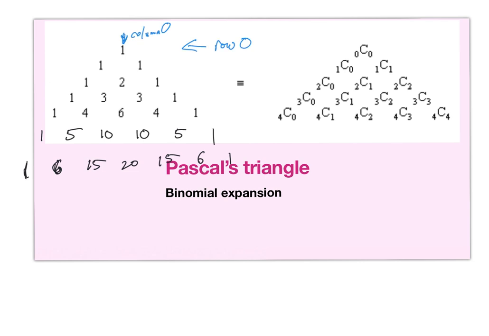Which means if I were to pick this number right here, I would look and say, okay, that's row 0. 1, 2, 3, 4, 5. That's the 5th row. So this would be combination 5, because it's the 5th row.